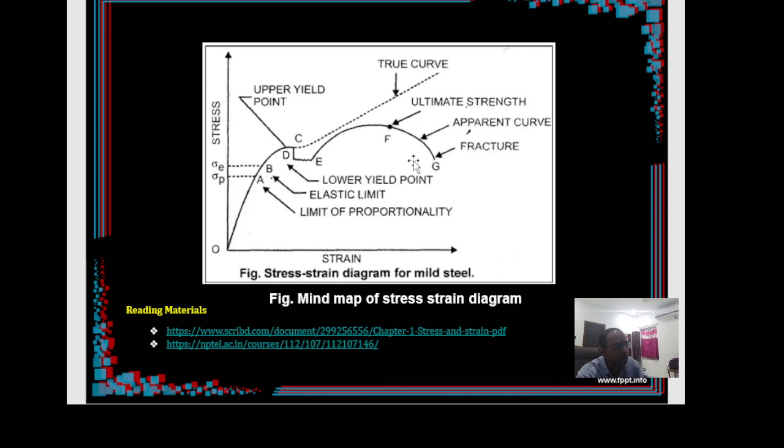This portion is also called the strain hardening stage. And this particular topmost point, the maximum stress that can be withstood by the material without failure, is called the ultimate strength. And of course, finally wherever the failure happens, that point is called the fracture point or breaking point.